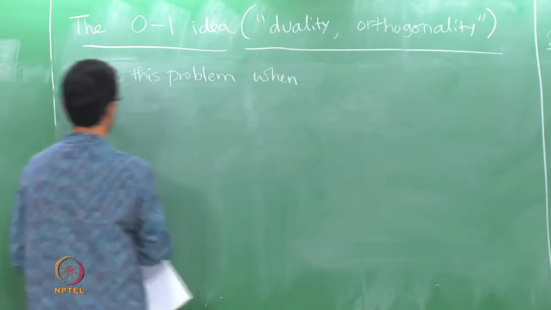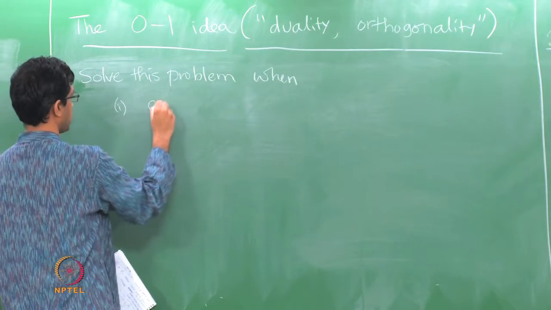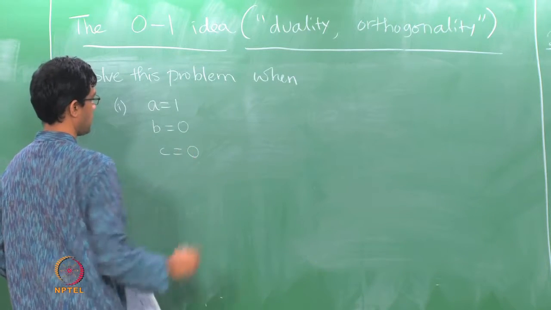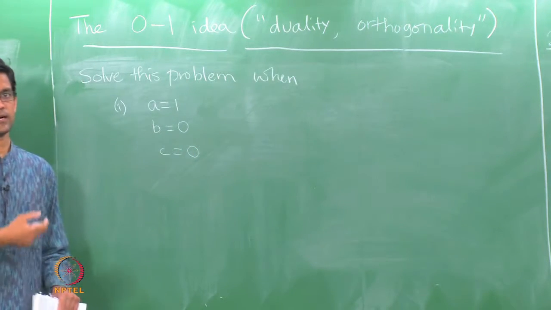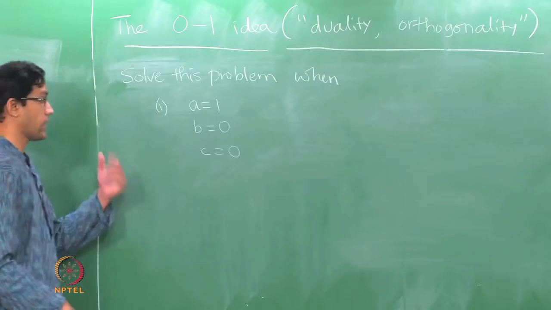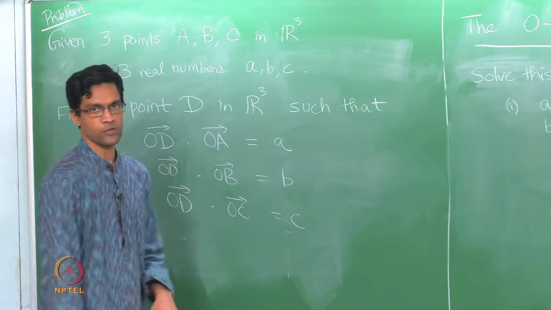In other words, I want to find a point D such that the position vector of D has dot product 1 with OA and has dot product 0 with the other 2 fellows.